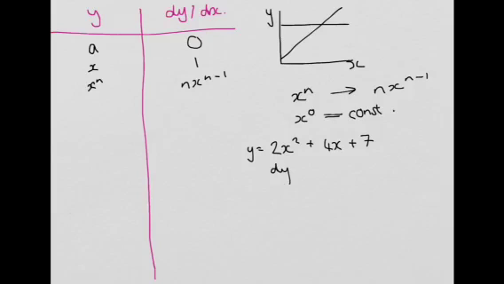So in this case, dy by dx is equal to, differentiate this one, so this is going to be 2 times 2x to the 2 minus 1 plus differentiate this one, 4 times 1, x to the 0 plus 0. So if I just tidy this up, this becomes 4x plus 4. So any polynomial just follows that rule.